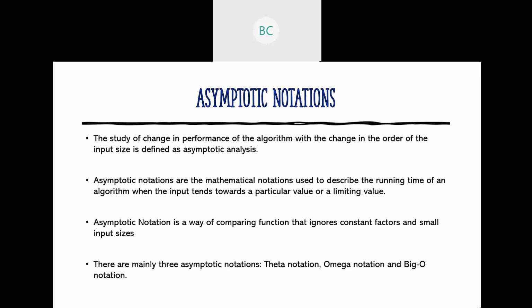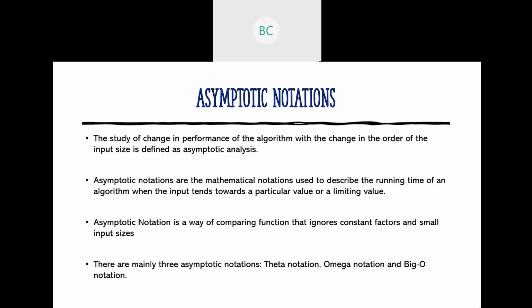Okay, so what is asymptotic notation? Asymptotic notations are the mathematical notations used to describe the running time of an algorithm. So this is also mainly based on input size.